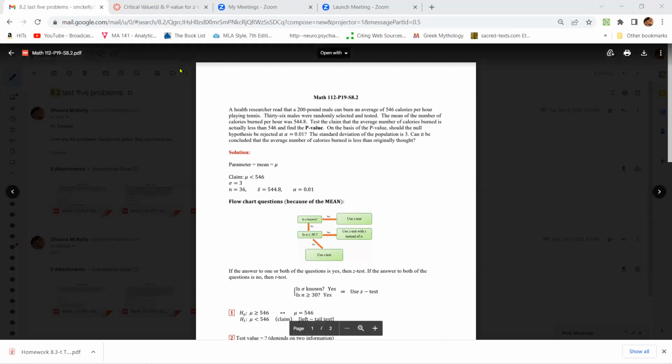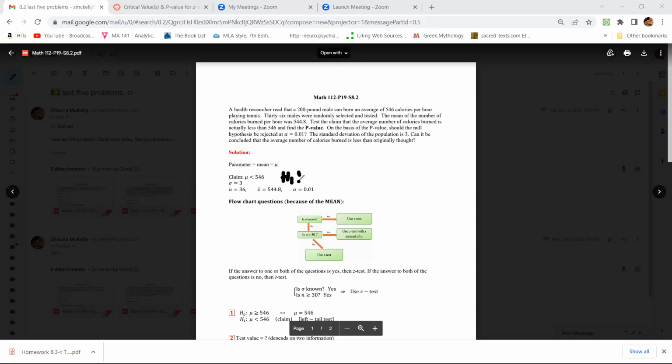So I'm going to write H1, mu less than 546, and all your givens are there. Sigma 3, N, your sample size is 36. Your X bar is 544.8, and alpha is 0.01.